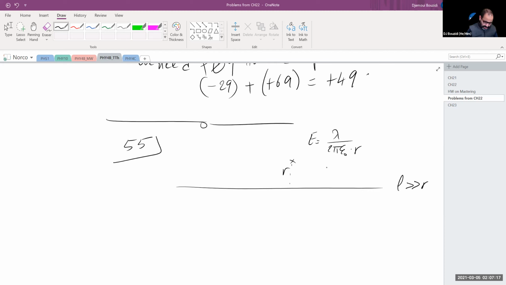In the second experiment, the electric field is measured for points at a distance r from the center of a uniformly charged insulating, that's a keyword, insulating sphere that has volume charge density rho and radius R. So basically they gave you the radius.